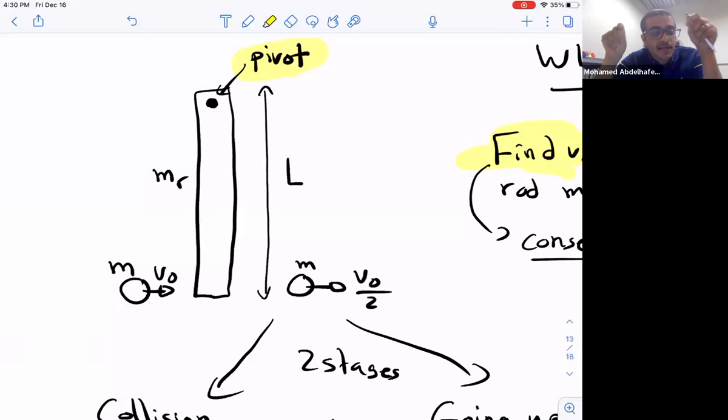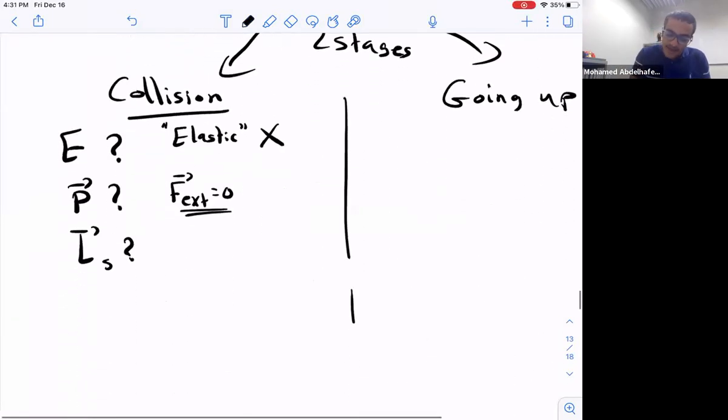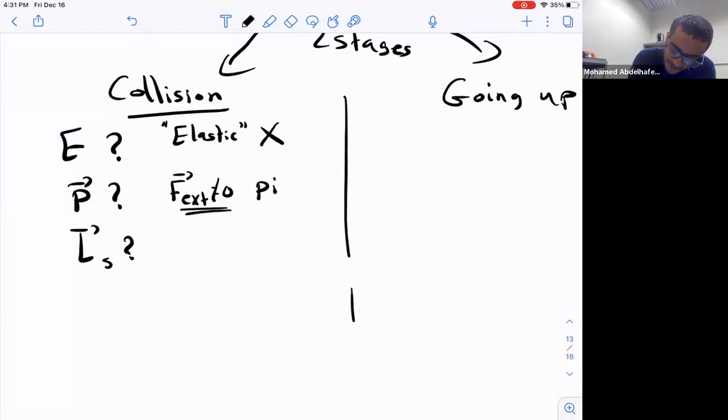If it is pivoted, momentum is not conserved. If there is no pivot, then yes, momentum is fine. Because the existence of a pivot immediately introduces pivot forces. The pivot is holding the object somewhere, and as you hit it, the pivot is going to react with some forces: a pivot force in the x, a pivot force in the y. So there are forces at the pivot. That's why no, because of pivots.